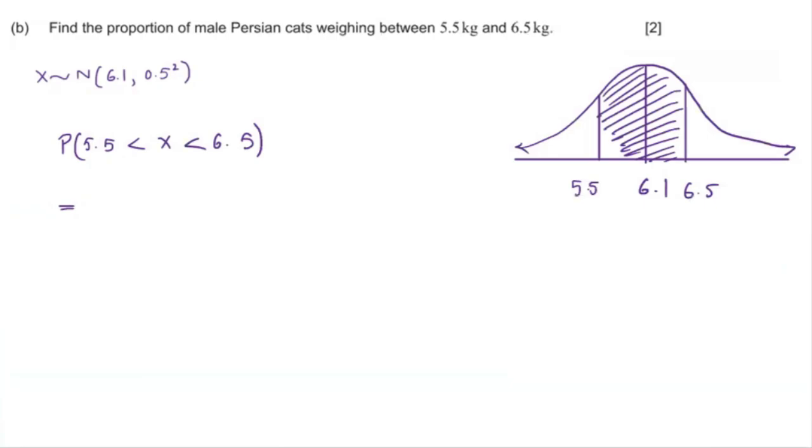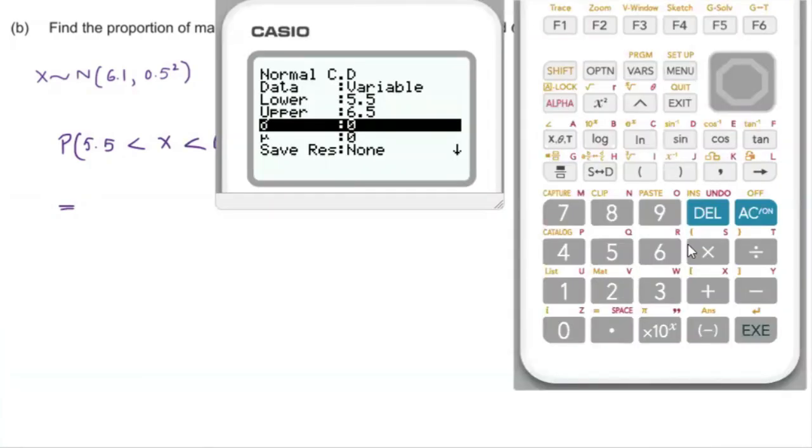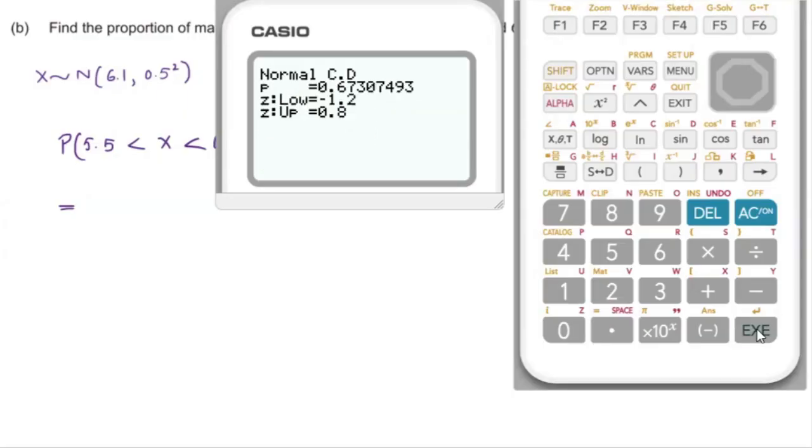Oh, yeah, that's 6.5. And standard deviation is 0.5, and mean is 6.1. Okay, so always check your information when you type it in, have you entered everything correctly. Let's execute.